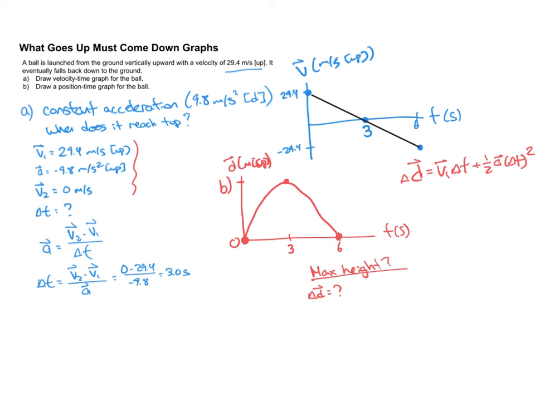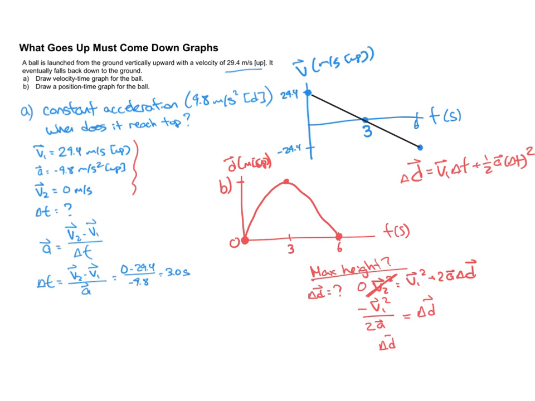So that's going to be found with one of our big 5 equations. And we're going to solve for displacement. So first of all, 0 for V2. And then rearrange things. So negative V1 squared over 2A will end up being the displacement.